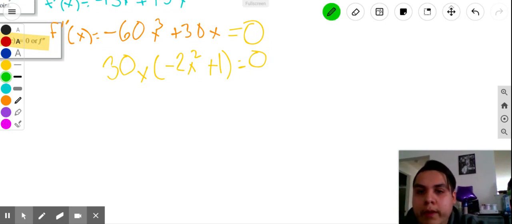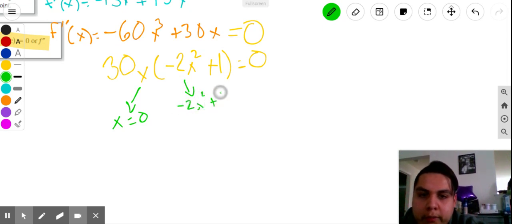So from here, I could say x is equal to 0. And from over here, yeah, let's stay green. I want negative 2x squared plus 1 to equal 0.